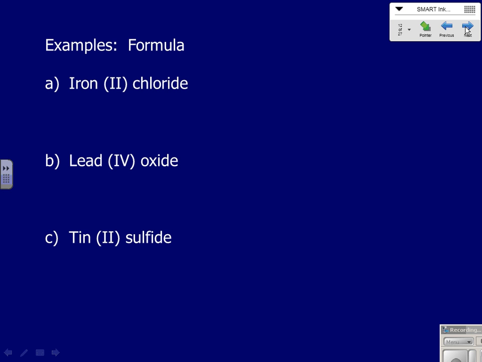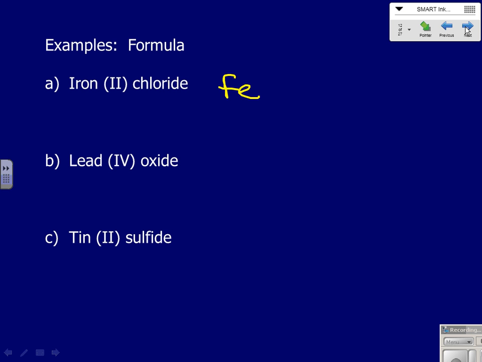Formulas are easy. Cross it over. And this is actually easier than if it's one charge, because I'm actually telling you the charge right in the name. No need to even go to the periodic table, because the iron, the Fe, is going to be +2, because that's the charge.